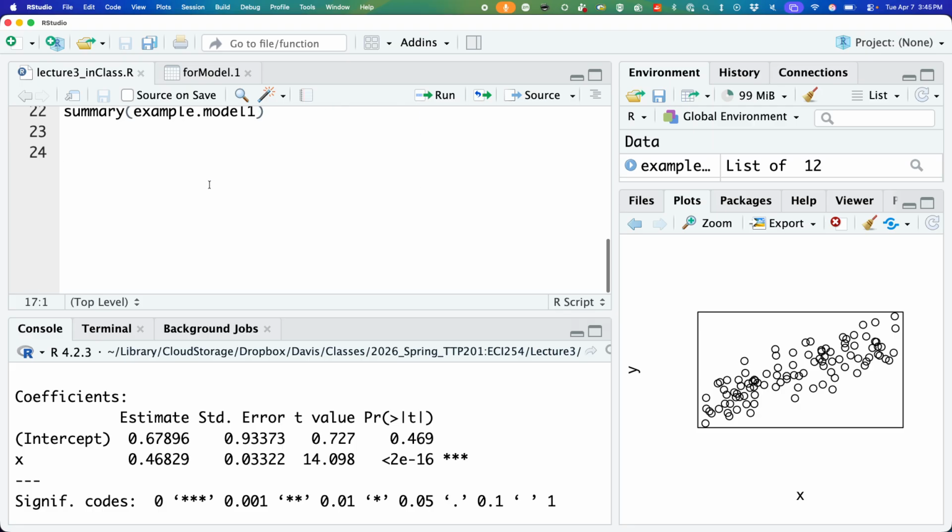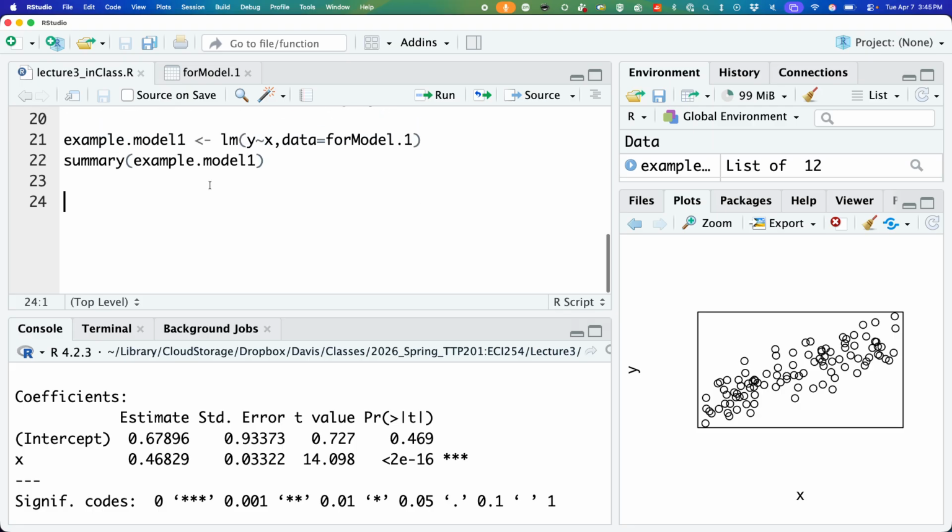So actually, we could say this model's doing a pretty good job, because how close are we to the true value? We're less than 1 standard error away from 0.5, and we're less than 1 standard error away from 0. And that's as good as you're gonna get with trying to estimate the true values.